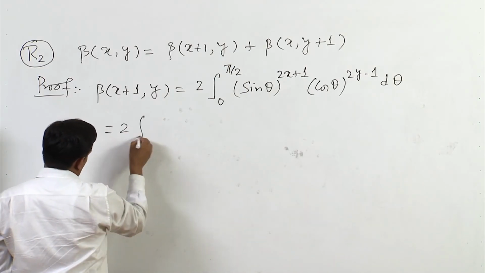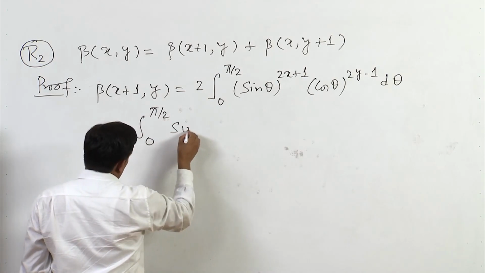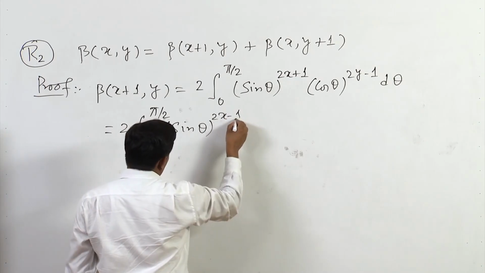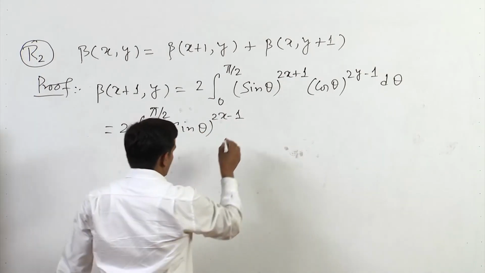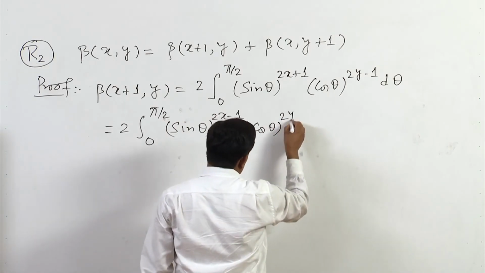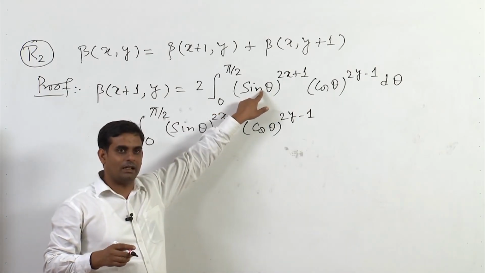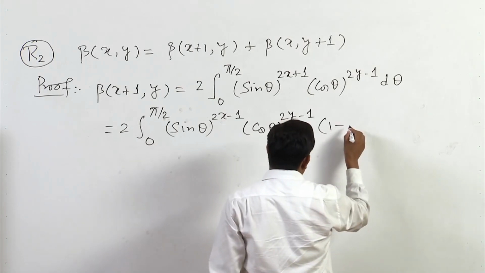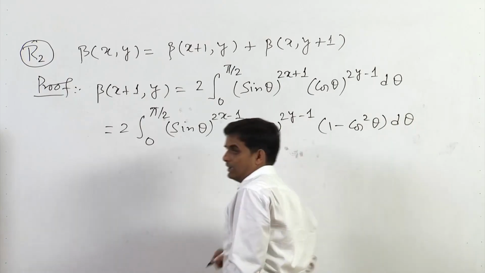This can be written as 2 times the integral from 0 to pi by 2 of sin theta raised to power 2x minus 1. So, I am taking sin square theta out of this. Cos theta is already here, and then sin square theta which I have taken out, I am writing as 1 minus cos square theta d theta.